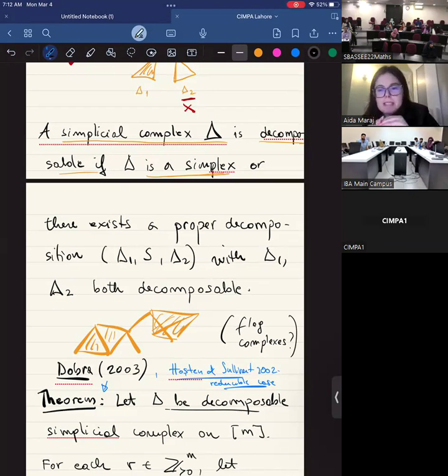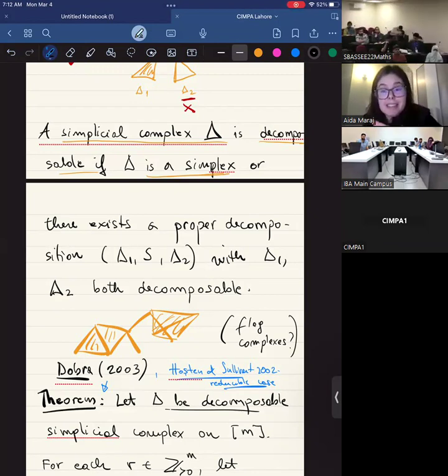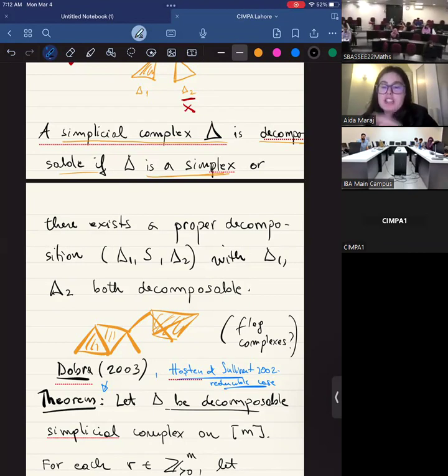Are we okay with that part? That was the definition for reducible. So decomposable is just that you reduce again and again until you have only simplices. Can I reduce it into two smaller parts? If yes, then I go to the smaller parts and ask the question again.